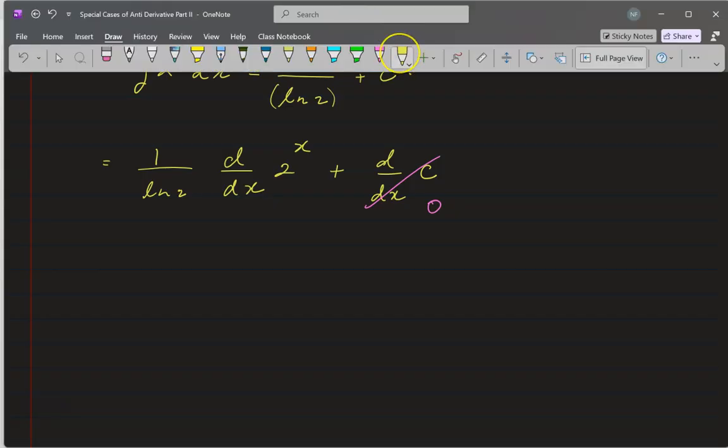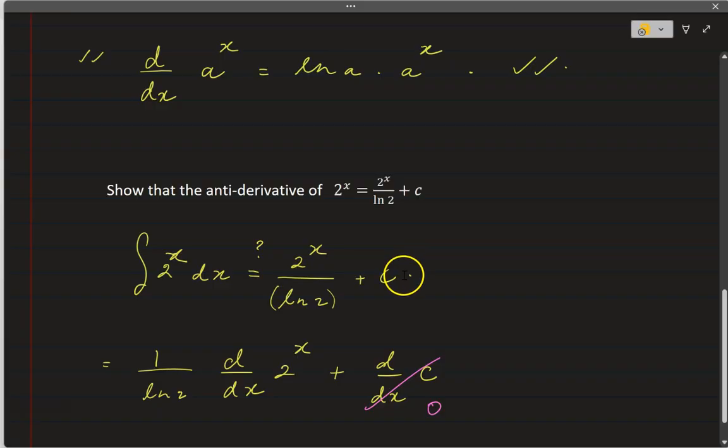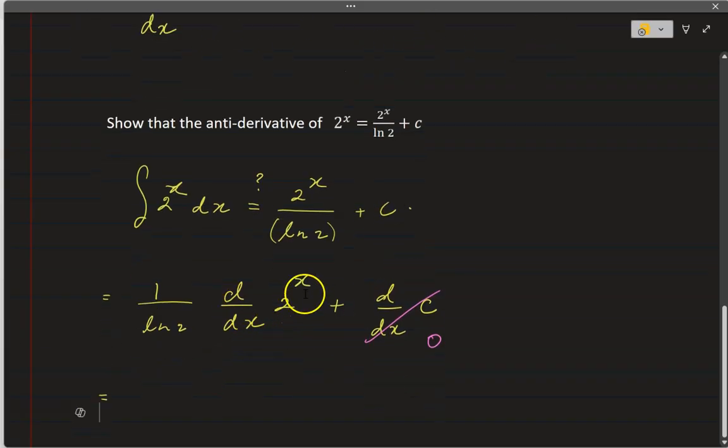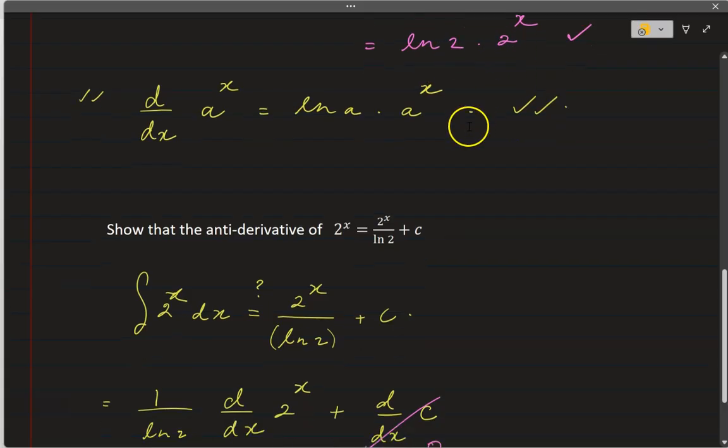Now we're going to go ahead and take the derivative of 2 to the x, but we've done this already in the example above. Okay, so the derivative of 2 to the x was right here. Okay, so ln of 2 times 2 to the x, right there.